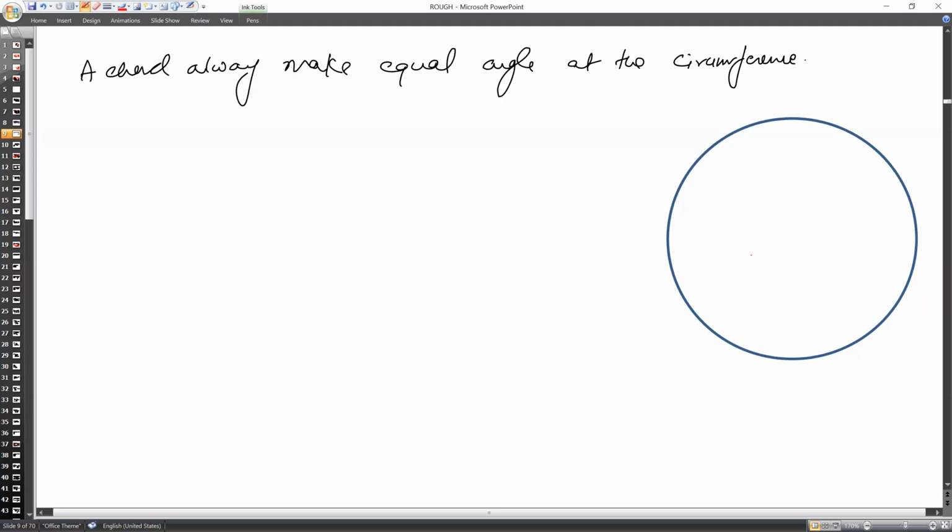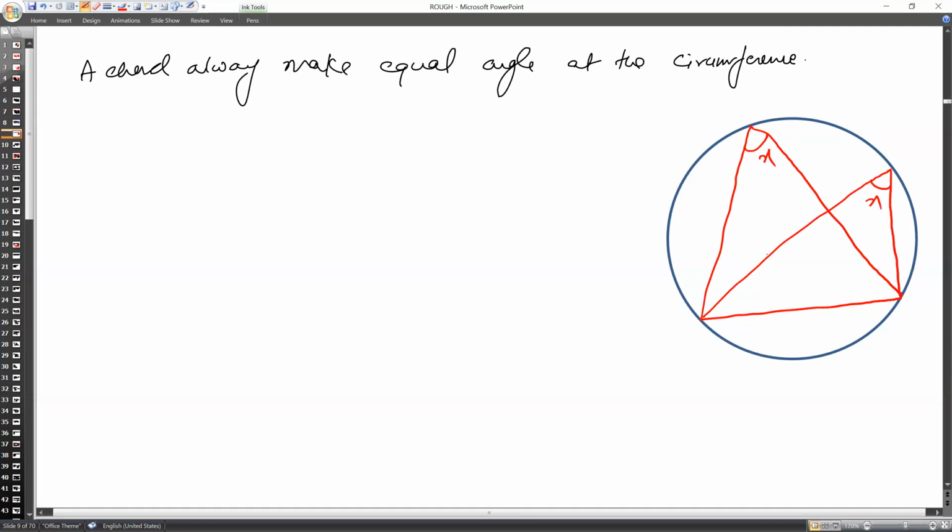Let me explain. Let's suppose this is a chord, and this chord is making an angle at the circumference. If this angle is x, then this angle will also be x. Okay, understood this one? So all these angles will be x.